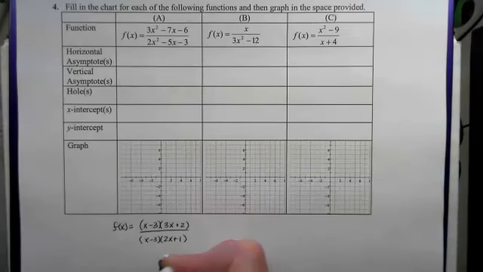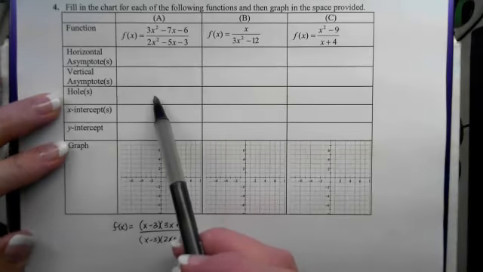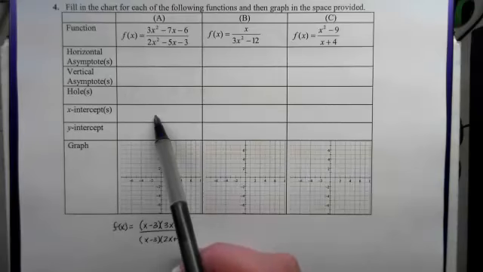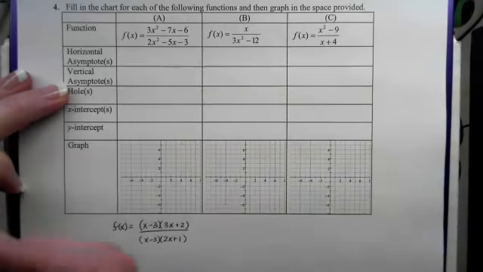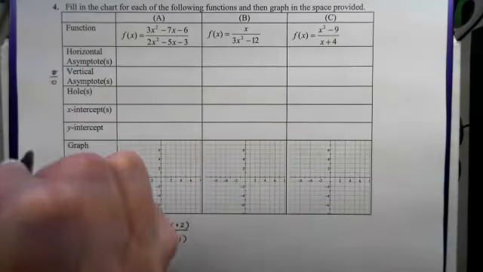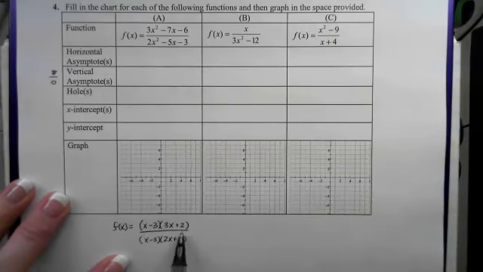Now, once it's factored, that enables us to find vertical asymptotes, x-coordinates of holes, and x-intercepts. So to find vertical asymptotes, let's remember that we're looking for numbers that are not 0 over 0. So we need values of x that will create a 0 on the bottom that is not a 0 on the top.